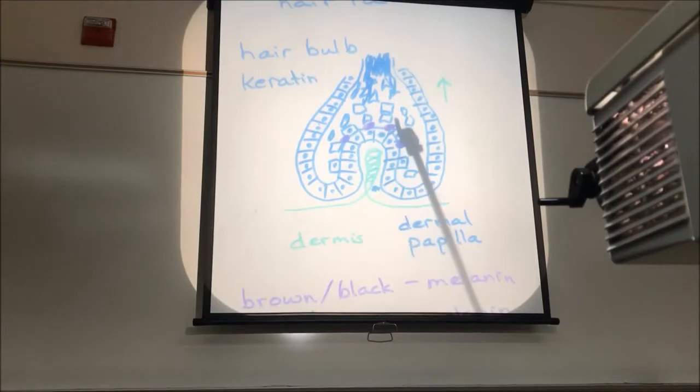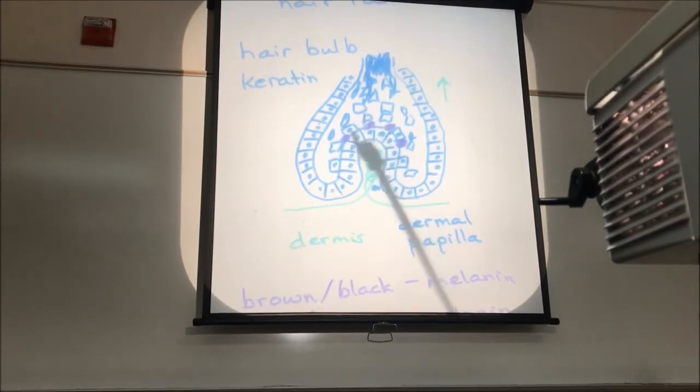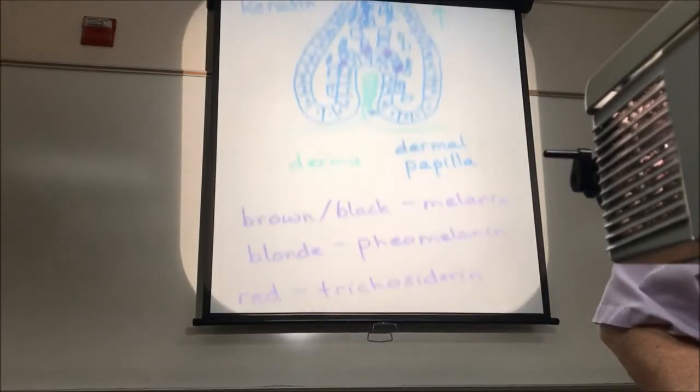So some of these cells will have color added, and then the next day the new cells don't, and then the day after that they don't, and then the day after that they do, or they get some color over here and not so much color over here. If you take a gray hair and put it under the microscope, it actually has spots.